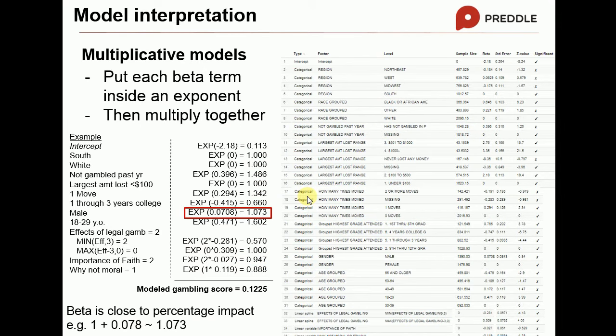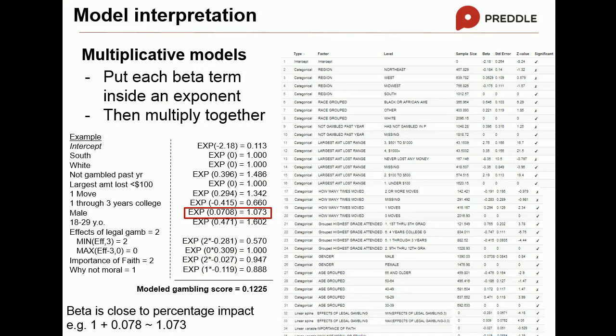Anything at the base level has a beta of 0. Exponentiating this gives a multiplier of 1. Any positive beta gives a multiplier of greater than 1, and any negative beta gives a multiplier of less than 1. The key thing to remember is that the beta itself is close to the percentage impact of the multiplier. Take male with a beta of 0.0708.